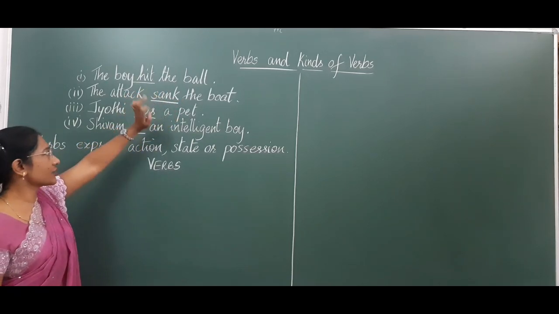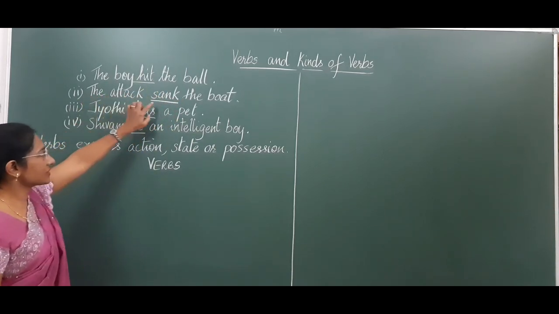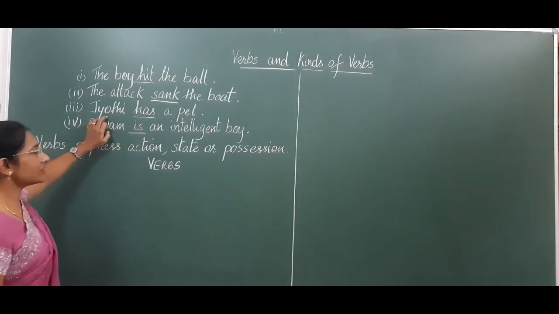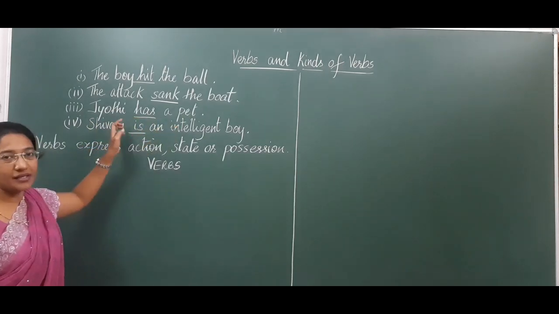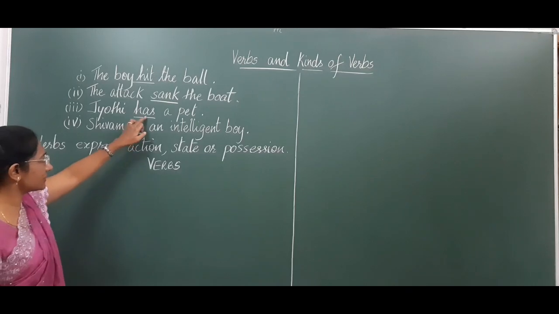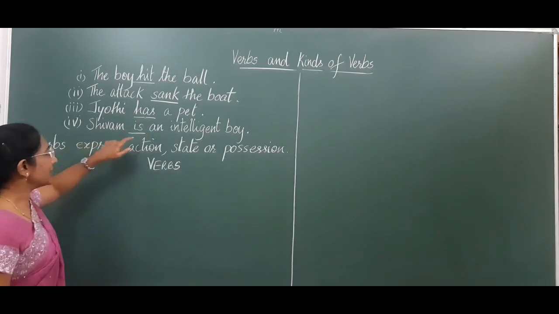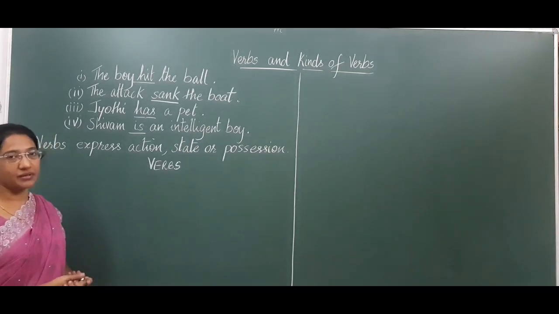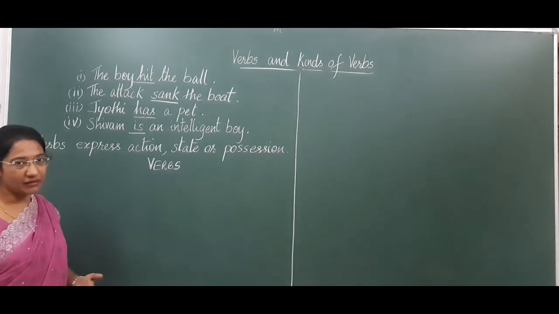Hit is an action. The attack sank. Sinking is an action. But in sentence 3, Jyoti has a pet, tells something about possession. Something possessing. Has. Shivam is an intelligent boy, something which tells about state of being.